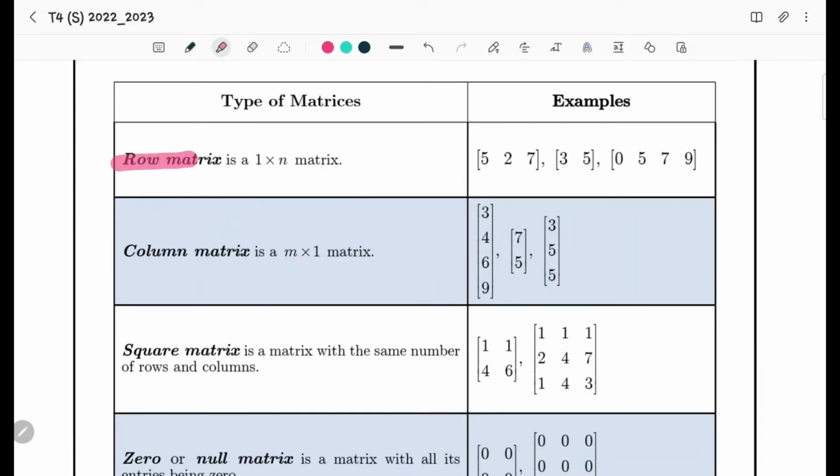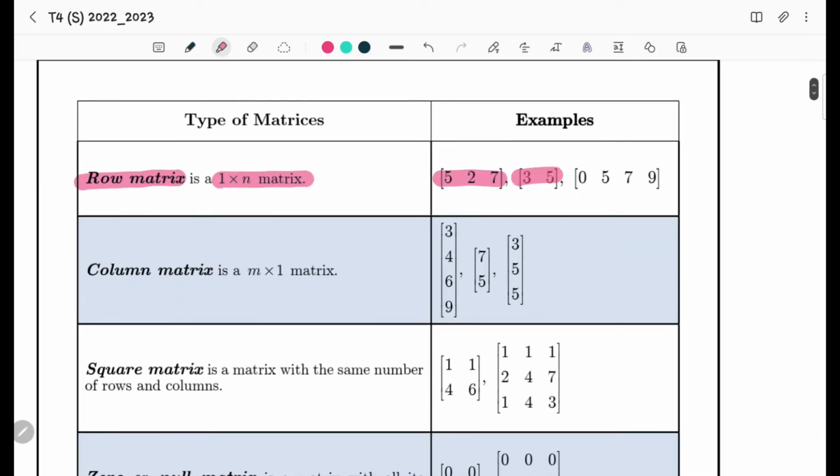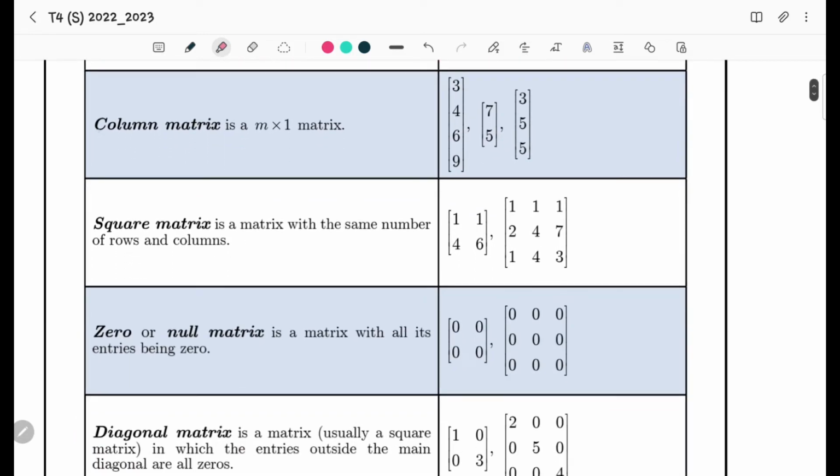You have a row matrix, which is a 1 by n matrix. Okay, as you can see, there are different numbers of columns, but these matrices are all row matrices, which have only one row. Okay, next, column matrix.